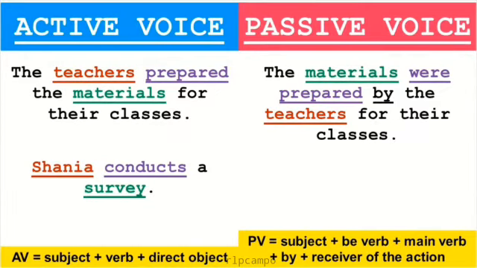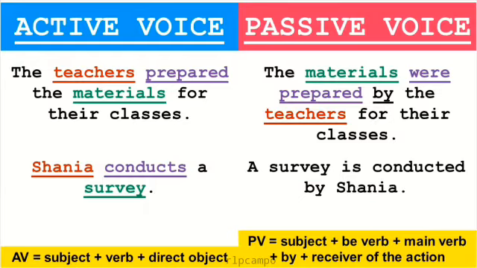If we will transform it into passive, it will be a survey is conducted by Shania. The subject now is survey. The be verb is. The main verb is conducted, then the preposition by, and the receiver of the action is Shania.